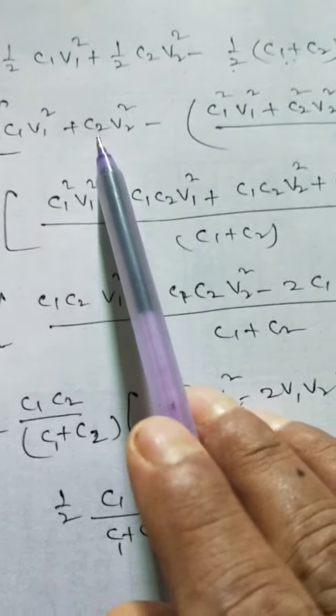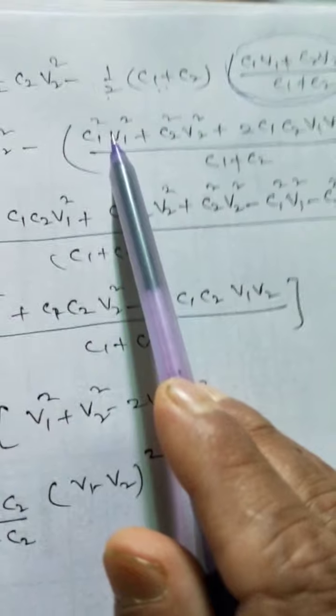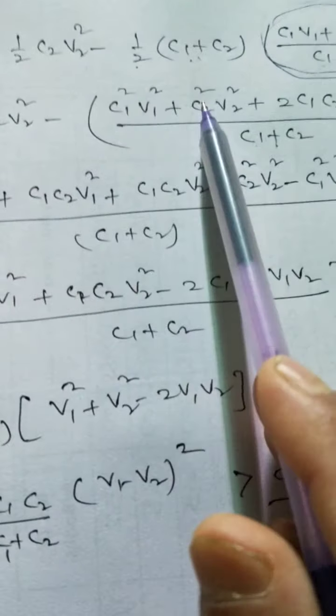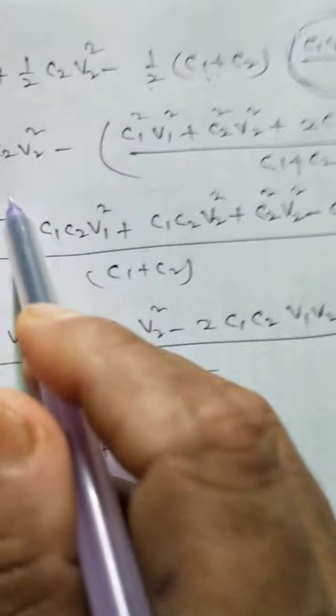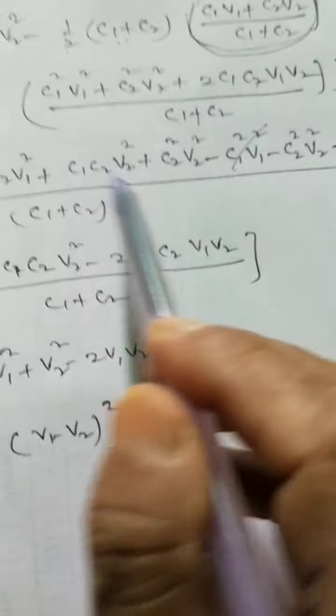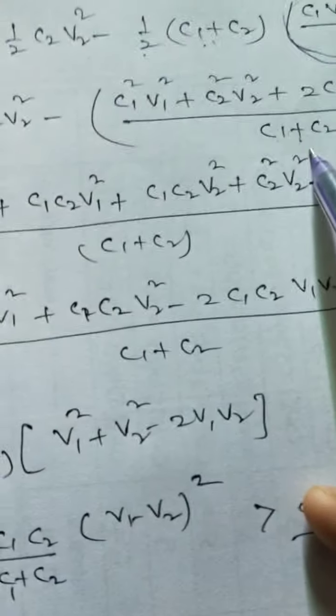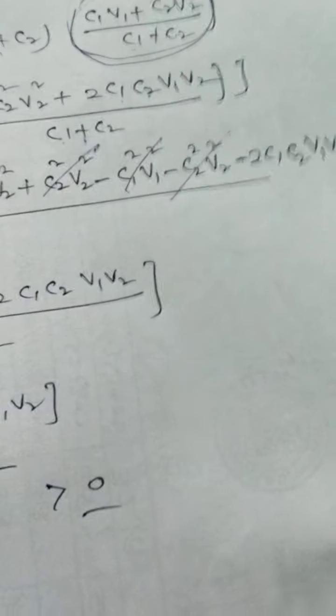C1 multiplied by C2, the C1C2V1 square. Now again, C2 is multiplied by C1, C1C2V2 square, and last C2 square V2 square. Now here the bracket: positive, minus, minus, minus. Now look here, C1 square V1 square and C1 square V1 square cancel out. Now here, C2 square V2 square positive and C2 square V2 square negative cancel out.